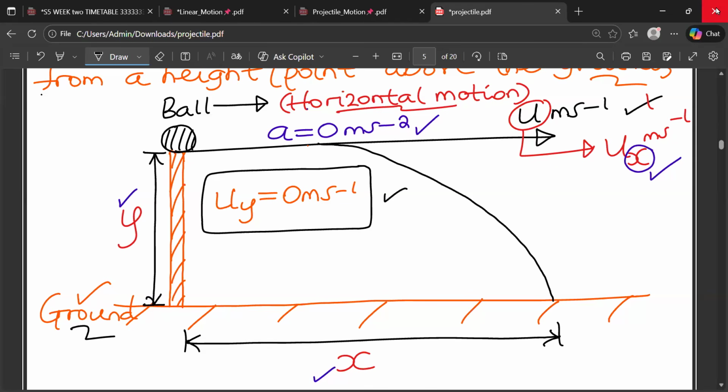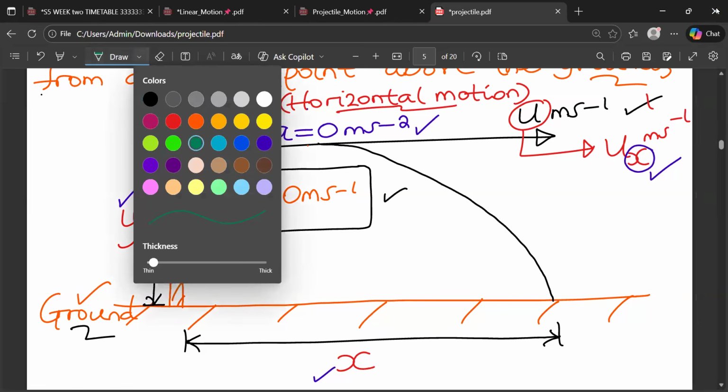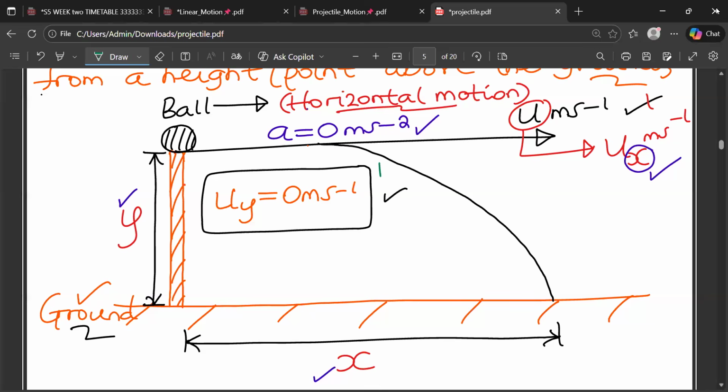Is it positive or negative? I'm talking of vertical motion. For vertical motion like that, what can you say about the g? Will our g be positive? Will it be negative? That one is obvious.